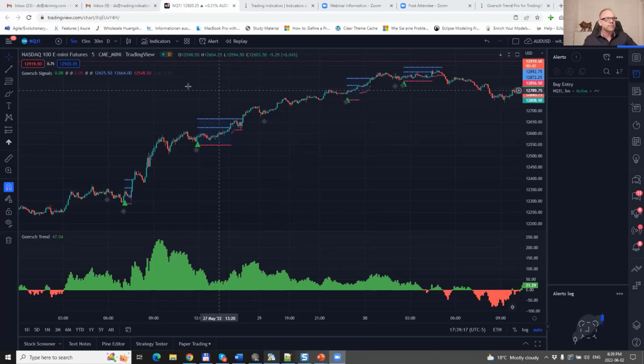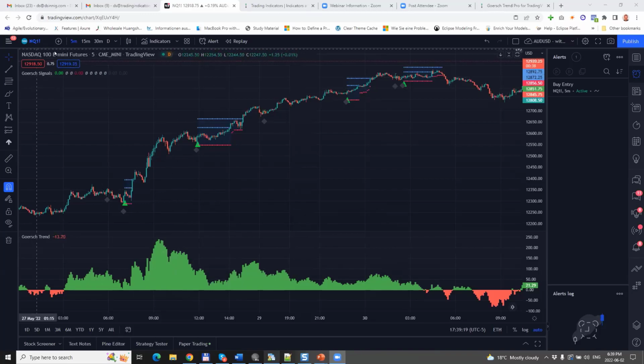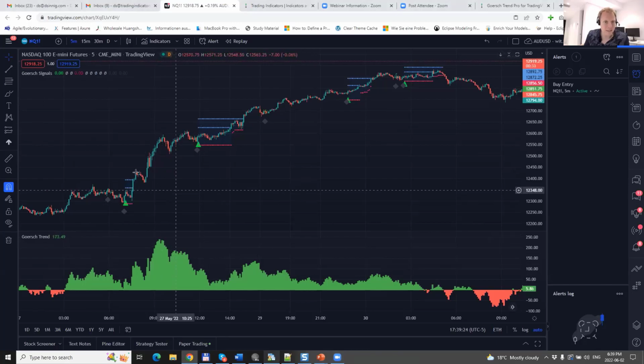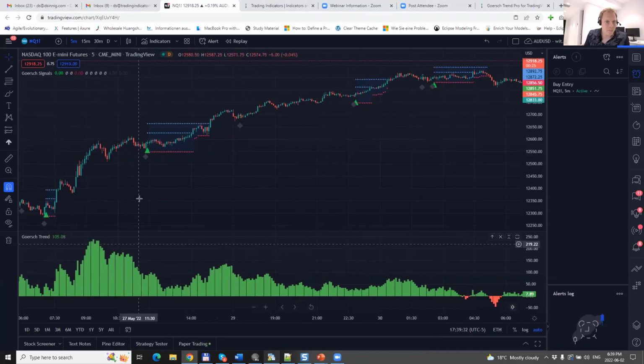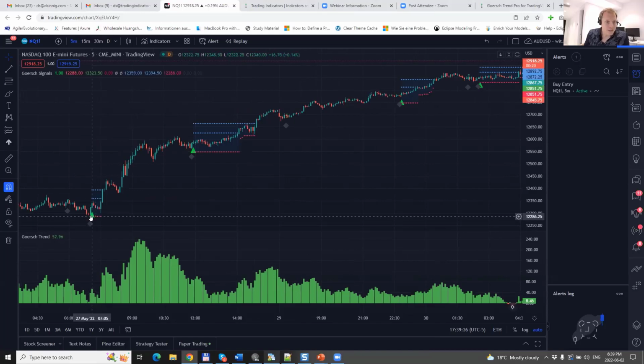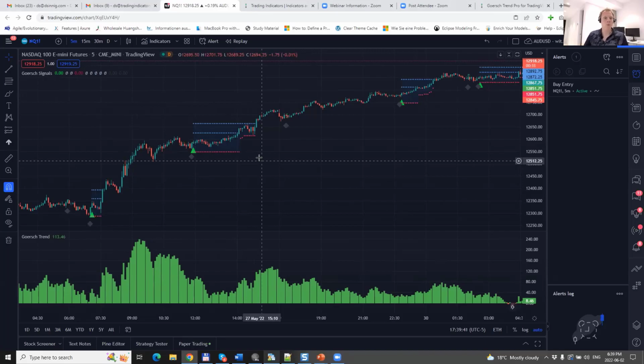I have opened up here the NASDAQ E-mini futures on the 5-minute time frame. The indicator is applied, both the Goersch trend histogram and the signals indicator. And as you can see here, the indicator is picking up warnings and entries on this time frame as well with quite some accuracy. So this indicator can really be used on any time frame and even any chart type.